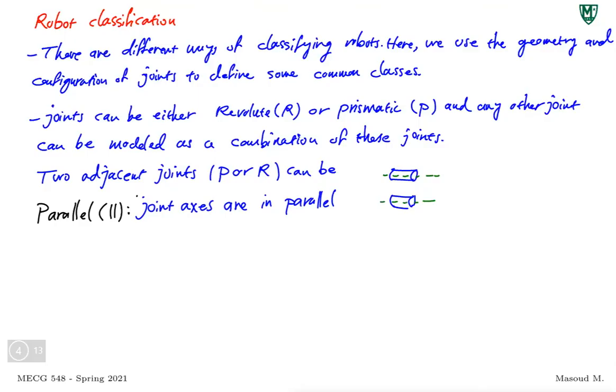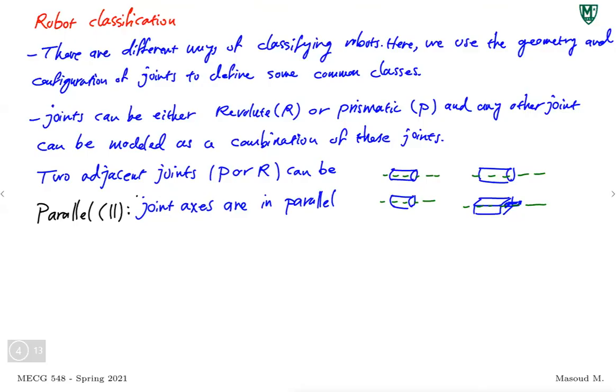You can think about one revolute joint and one prismatic joint. The axis of this one is passing through the joint, and the axis of this one is translation this way. So they're parallel. All right, these are two joints that are parallel.